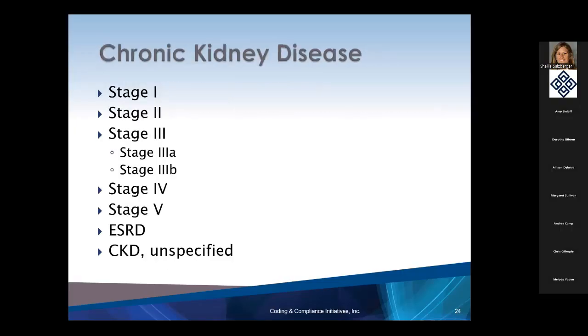As I said earlier, with chronic kidney disease, we always have to code the type of kidney disease. They all start with N18. With that diagnosis of chronic kidney disease, there is an instructional note to always code first any associated diagnosis, so diabetes, hypertension, etc. There's also an instructional note to code a kidney transplant status.